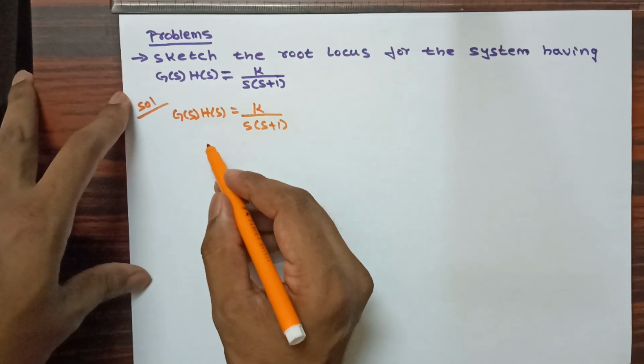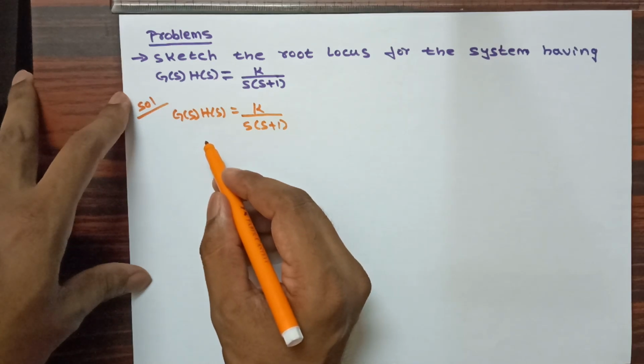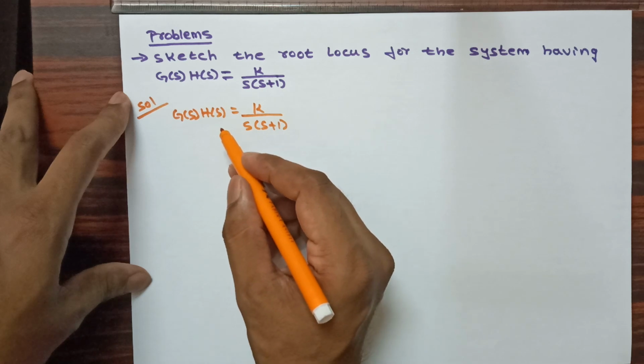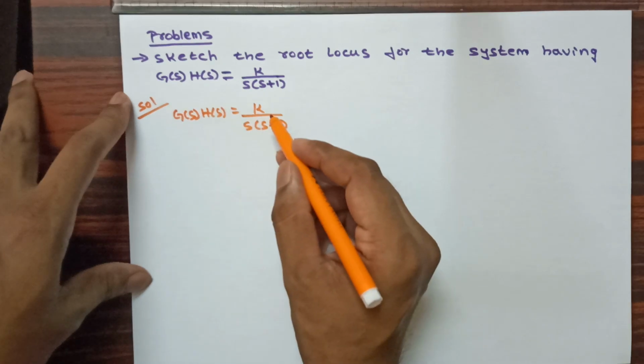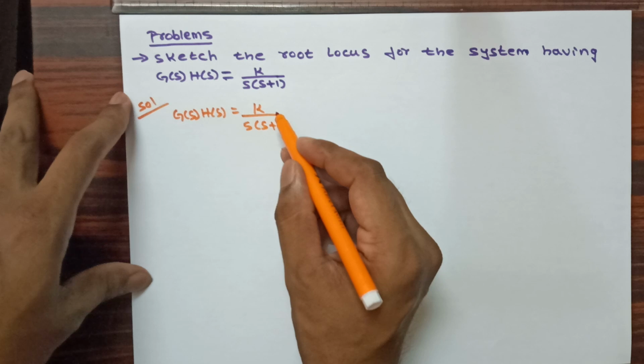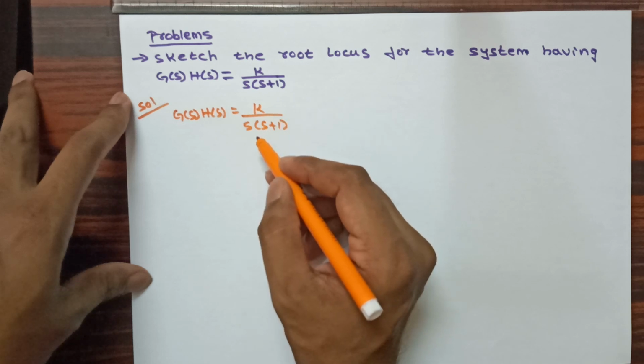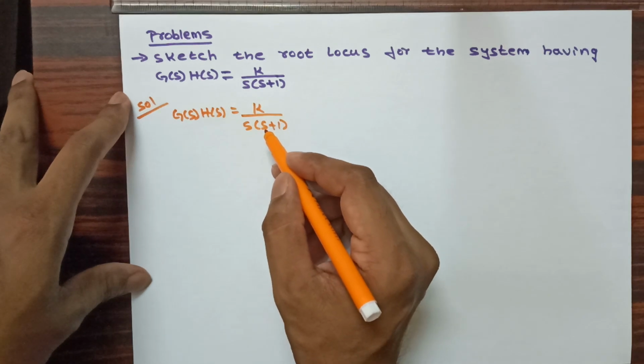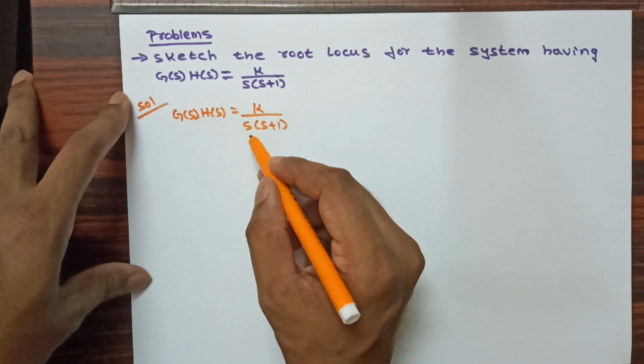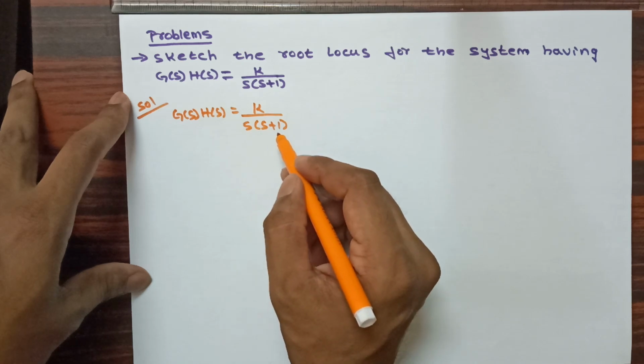To sketch the root locus, first we need to identify the number of poles and zeros. As we know, in open loop transfer function, numerator s terms are considered as zeros and denominator s terms are considered as poles. In this problem, he has given only pole terms, that is s equal to 0 and s equal to minus 1.